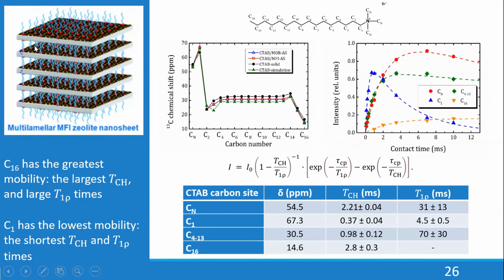So we can imagine the inner structure of this layered material as follows: a zeolitic sheet with CETA molecules alternating in direction, with the charged head attached to the zeolitic surface.